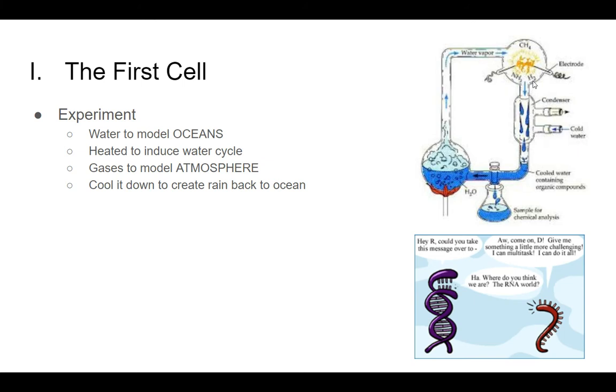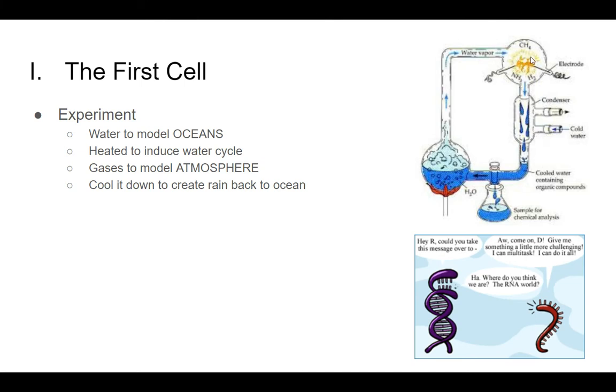Then they had to cool all of this down. This chamber gets pretty hot when you are zapping electricity into it. If you want these components to trickle back down to, quote, Earth, our oceans, then you've got to cool it down. So they wrapped a condenser, which just circulated cold water over this section of tubing.